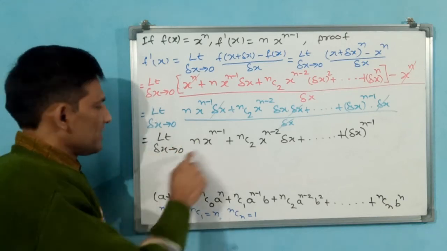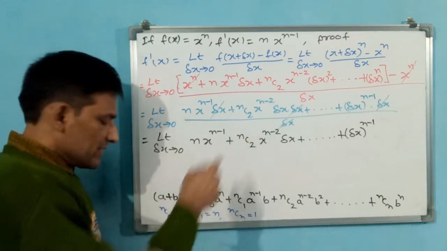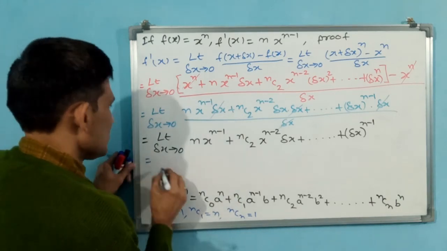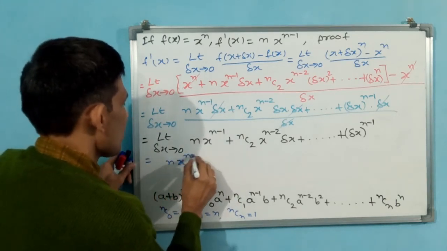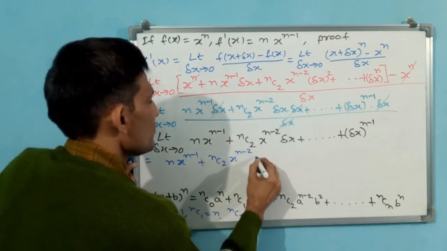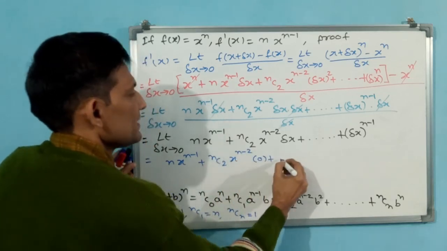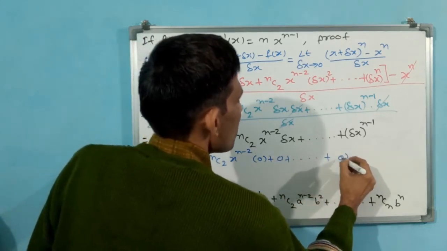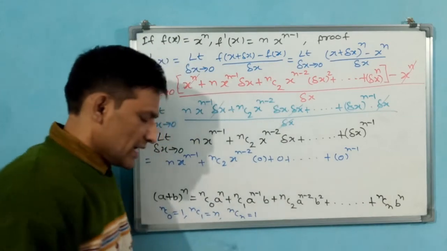Now we are applying the limit. Wherever delta x is there, it is going to become 0. You see what is going to become: n into x power n minus 1, plus nC2 x power n minus 2 into 0, plus all zeros like this, plus 0 power n minus 1. You understand now?